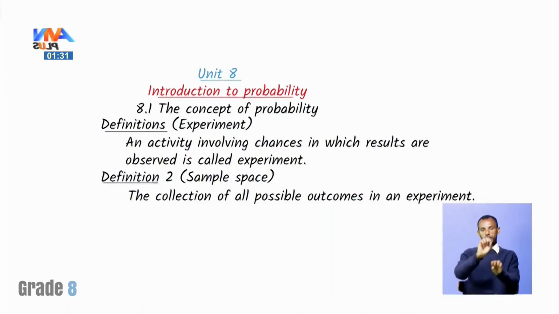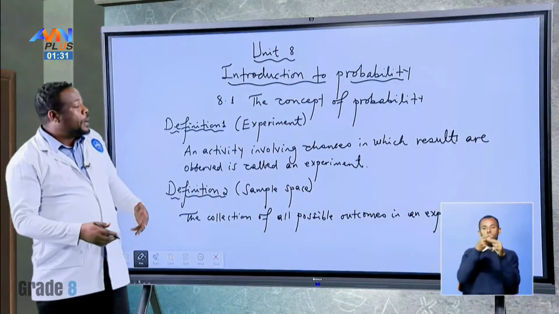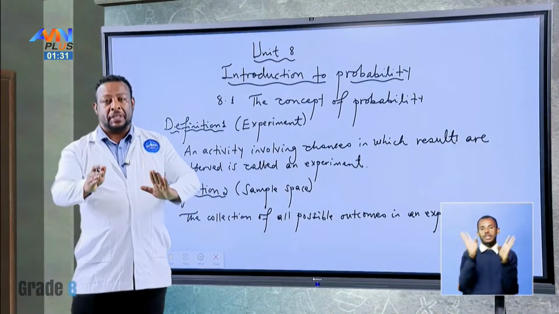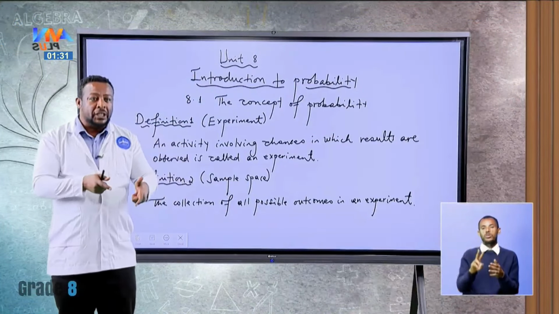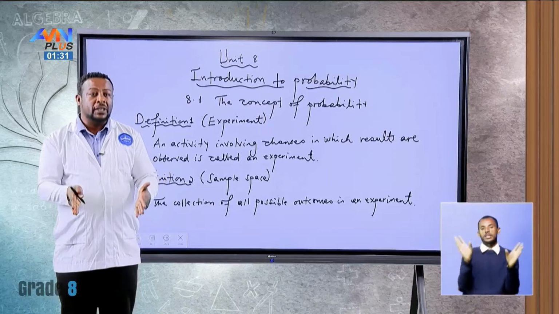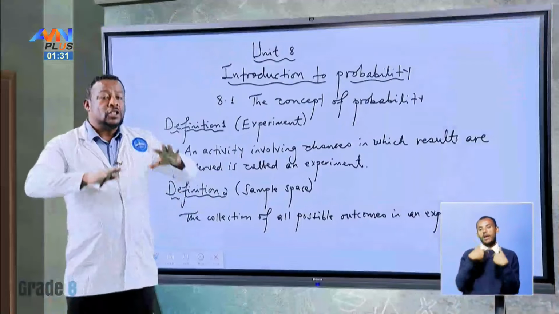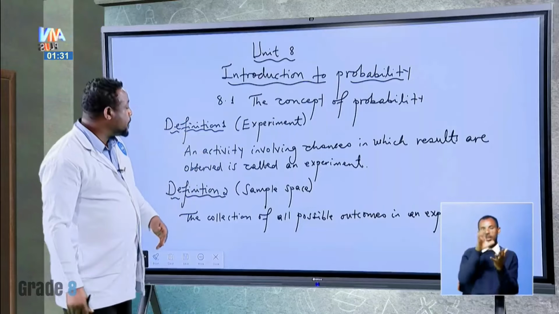So this is the definition of a sample space. Sometimes we call it a probability set of an experiment. I will use these two terms interchangeably, sample space and probability set of an experiment. They have the same meaning. So generally, it's a set containing all possible outcomes in the experiment.